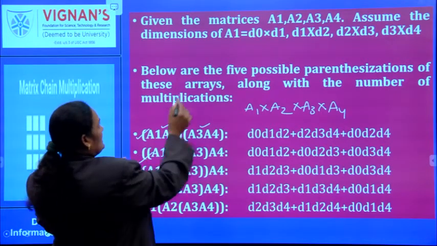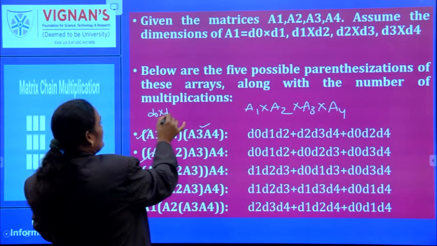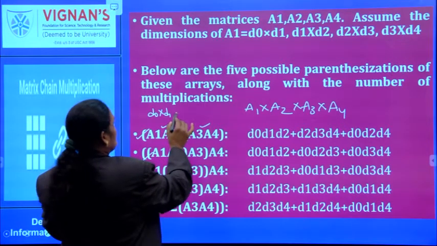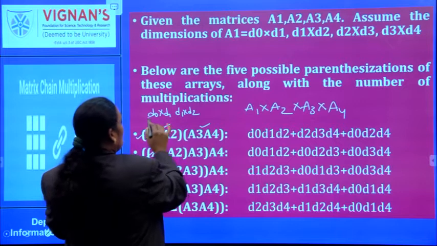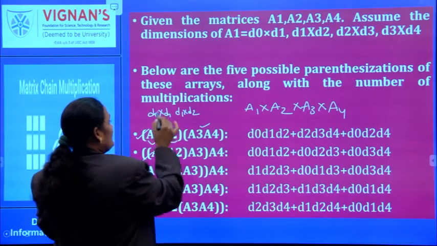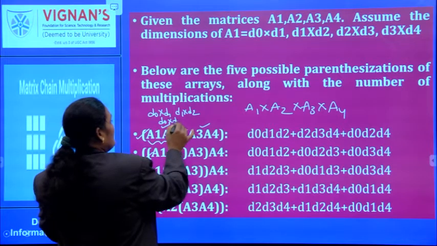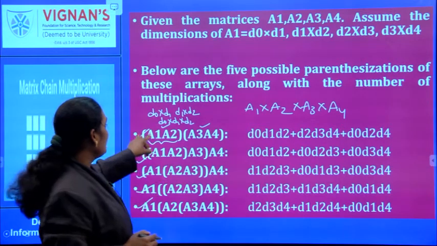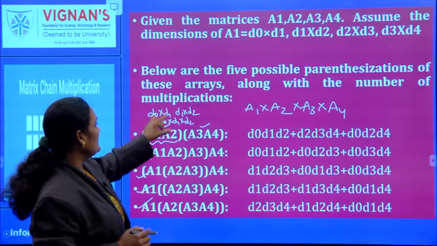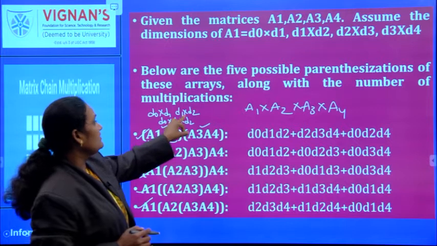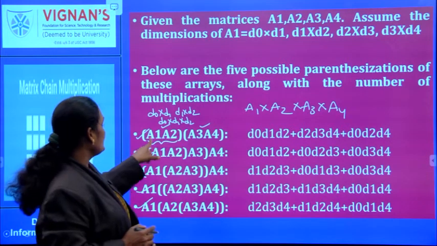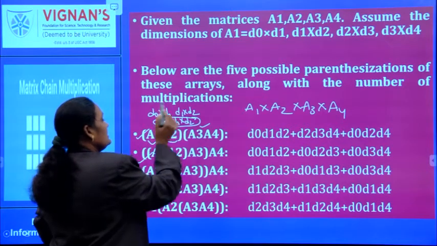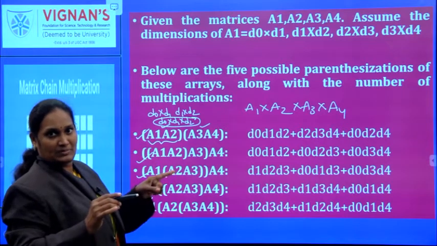A1 into A2: the dimensions of A1 are D0 into D1, and the dimensions of A2 are D1 into D2. So the multiplication of A1 and A2 can be completed with D0 into D1 into D2 multiplications.